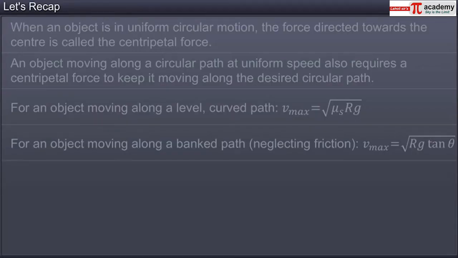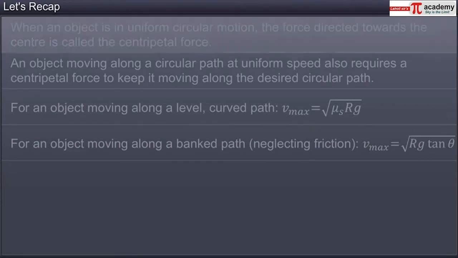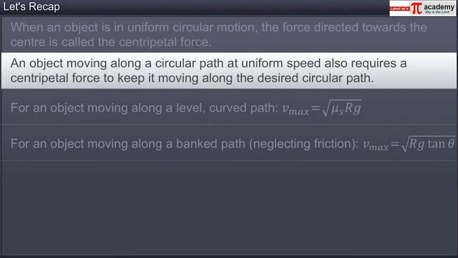You have now reached the end of this module on circular motion and banking. In this module, you learnt that when an object is in uniform circular motion, the force directed towards the center is called the centripetal force. An object moving along a circular path at uniform speed also requires a centripetal force to keep it moving along the desired circular path.